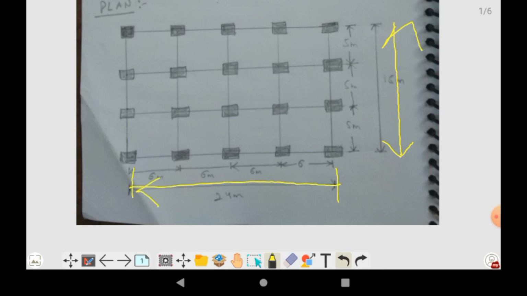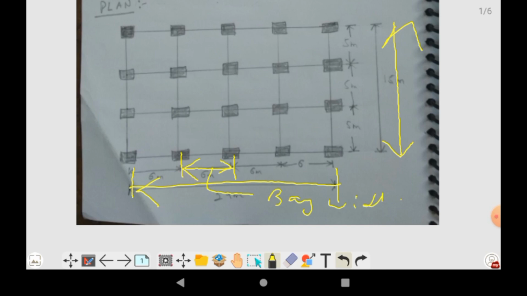And this is called the bay width. Here you can see the center to center spacing of two continuous columns. This is known as bay width.